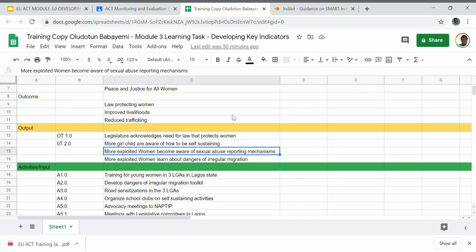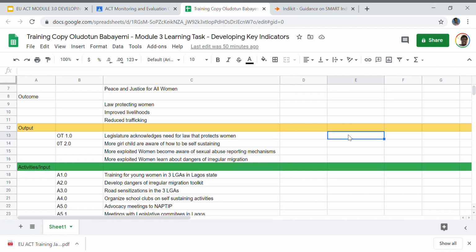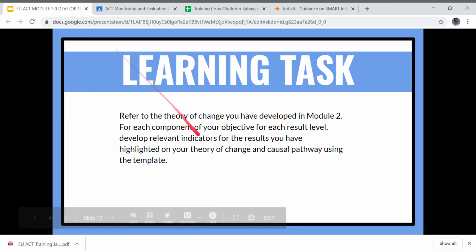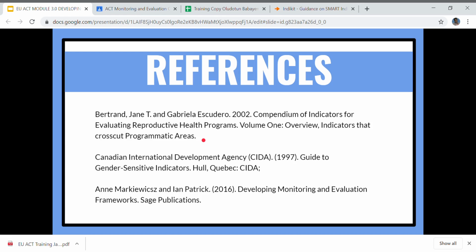So that is what we will be doing in this learning task for module 3. So you can see how the learning task progresses right from module 1. Same you're going to get till module 7. So it's very important that you pick one program from learning task 2 and you continue with that.